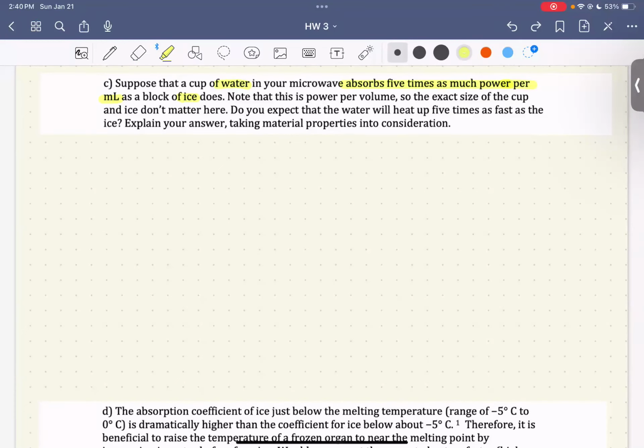So when we look at this question, what is the key phrase here? Give you just a moment. It's going to be heat up. And why is that the key word? Because we know that there's heat transfer through heat flux.